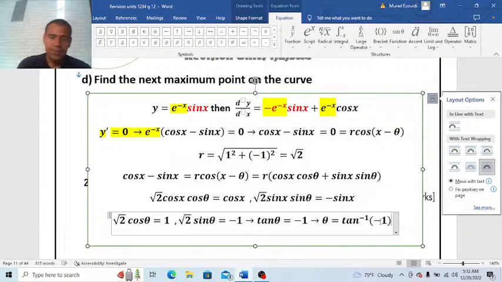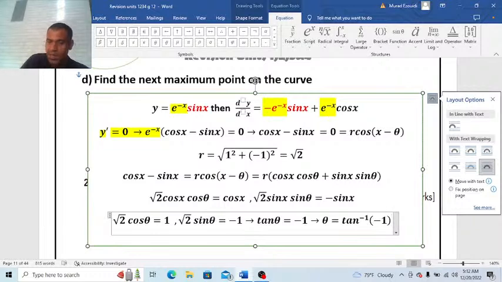You will obtain tangent minus 1 of negative 1.